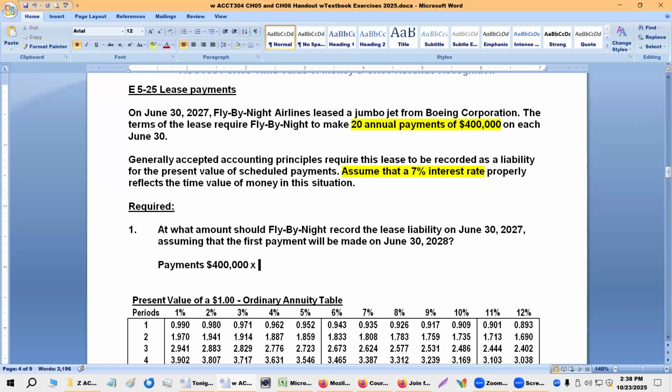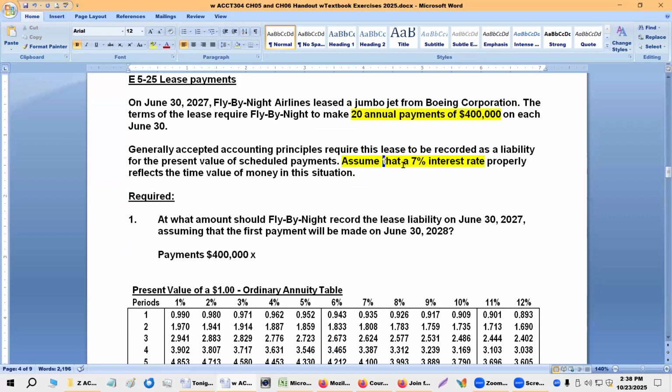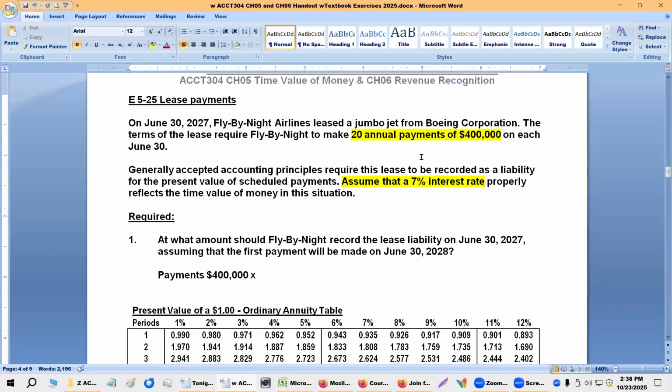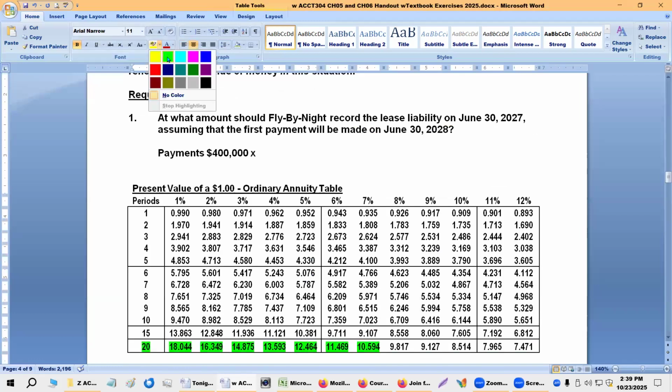And our factor is 20 payments, 7%. This is an annuity. We could do the single payment table, but that would be absolutely no fun because it would be 20 different calculations. So 20 payments at 7%. Okay, so we're down here. So 20 payments at 7%.